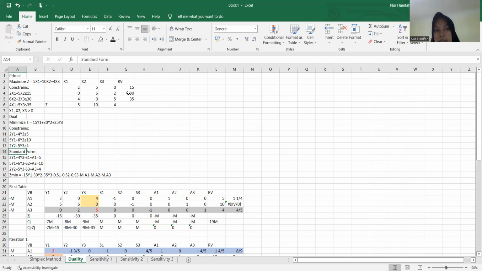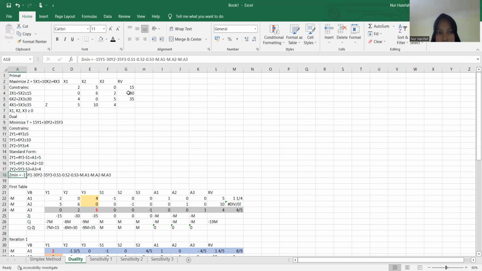And we do the next step, changing to standard form. Because these are greater than or equal, we have to subtract surplus variables from these constraints and add artificial variables.